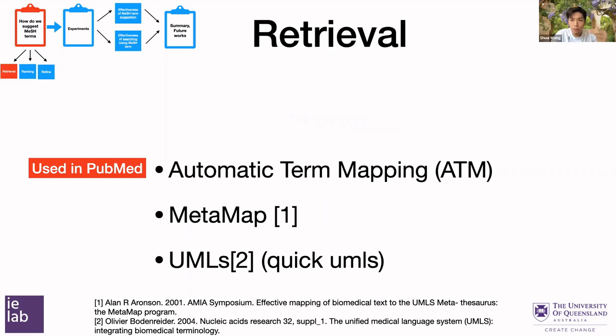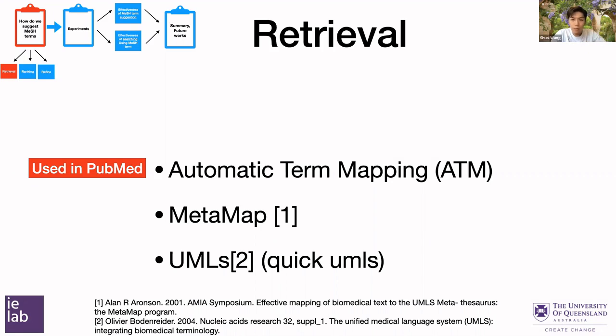For MeSH term retrieval, we're using 3 methods to complete this task. Apart from the PubMed-used automatic term mapping, we're using another 2 methods, MetaMap and UMLS. MetaMap is a named entity recognition system to match free text to concepts in the UMLS that includes MeSH.